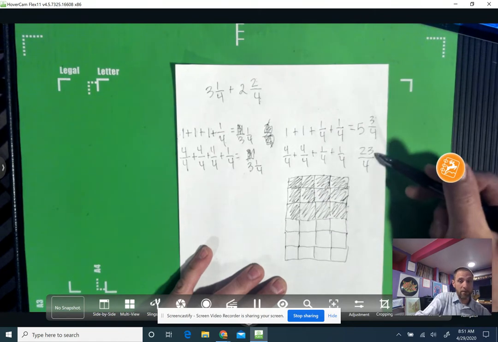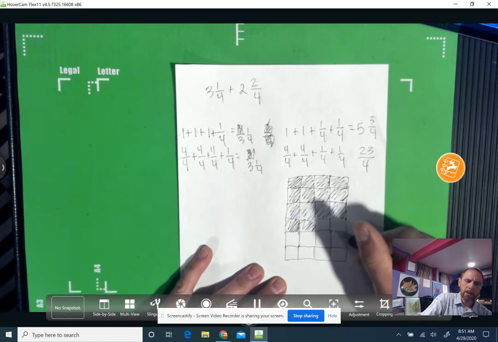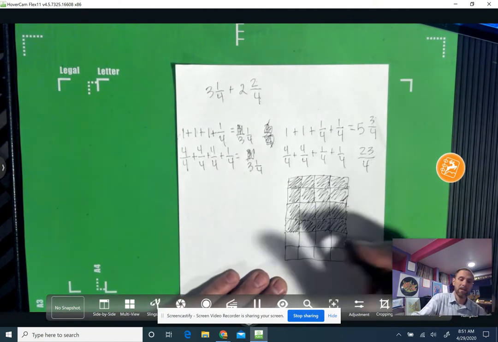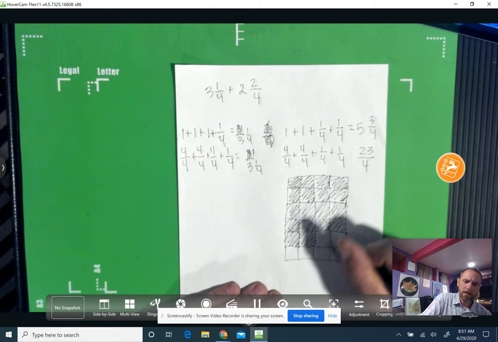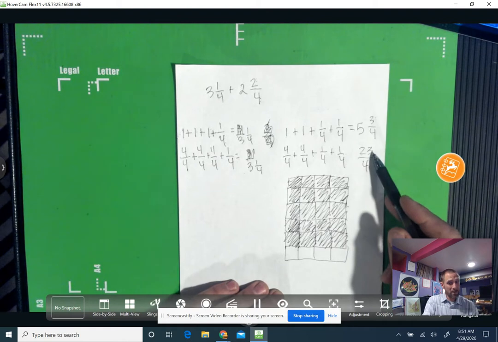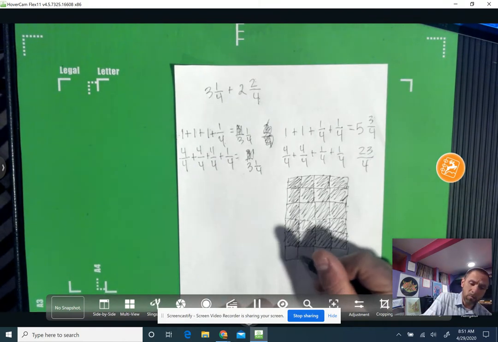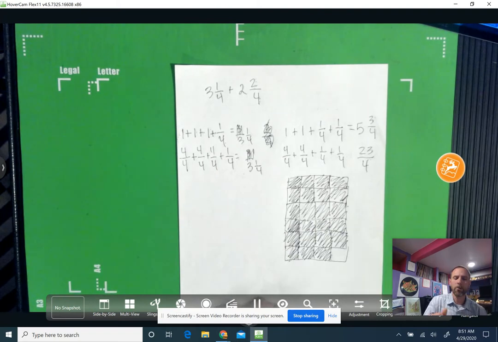We're almost to 23 fourths: 13, 14, 15, 16 fourths, and we have 17, 18, 19, 20 fourths, almost there, and then our 21, 22, and 23 fourths.